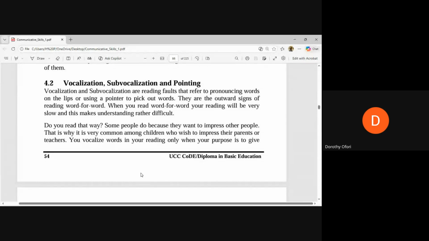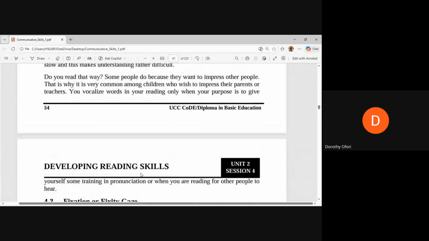Some people want to impress us, so they read those words out for everybody to know. So vocalization is when you are reading aloud, even in your head.